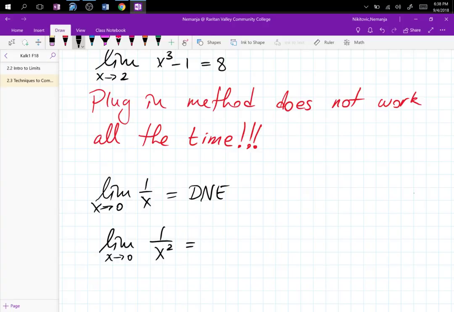If you take a look at f of x equal 1 over x squared, the graph for that function looks like this. So the limit is clearly positive infinity. As you approach from the left, as you approach from the right, they're both shooting up to positive infinity as they go towards 0.